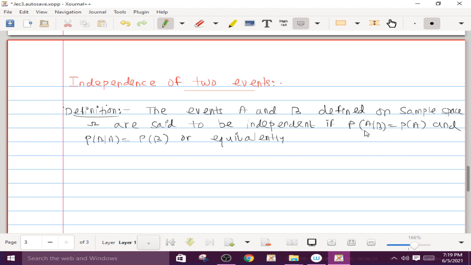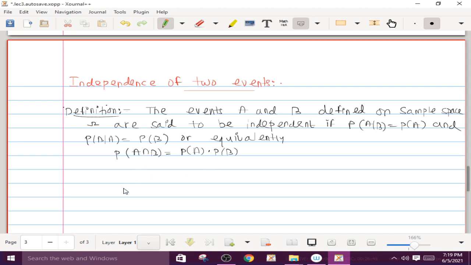So if you solve this you will get probability of A intersection B is equals to probability of A multiplied by probability of B. Okay, so this is the general definition.